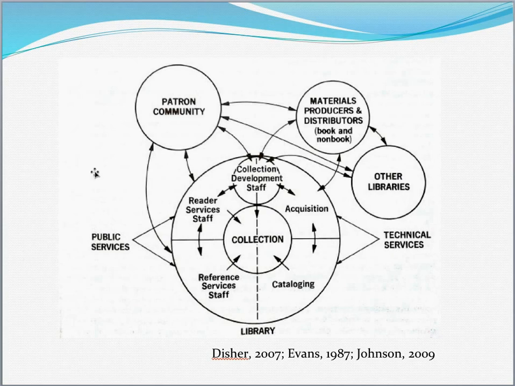In this second figure, we have the Patron Community, again active library users and potential users, and they have relationships with materials producers and distributors, meaning information producers. They have relationships with other libraries, and of course with their own library.